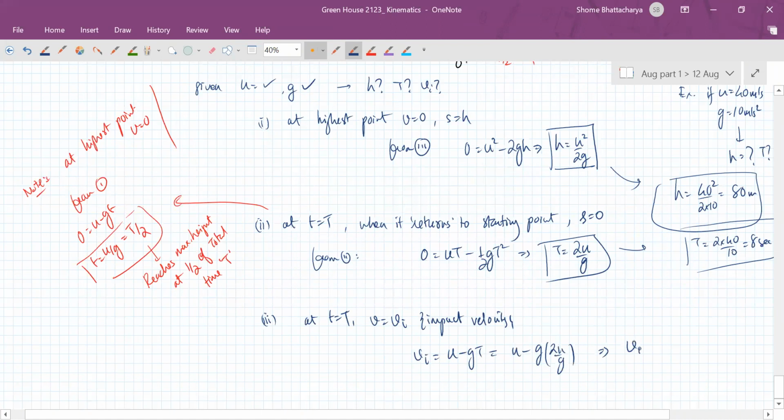So you see that the impact speed is negative of the initial speed. I mean, impact velocity is negative, so it impacts at the same speed as the projection speed, that is the speed with which you have thrown it.